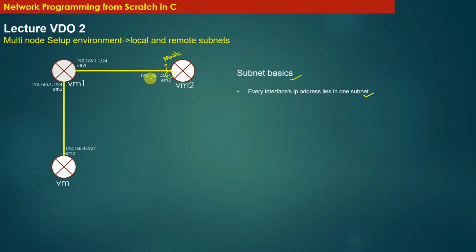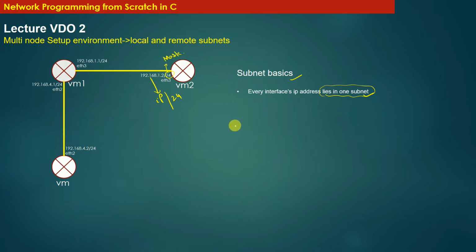So the IP address is 192.168.1.2 and the mask value is /24. Every interface's IP address lies in one subnet.